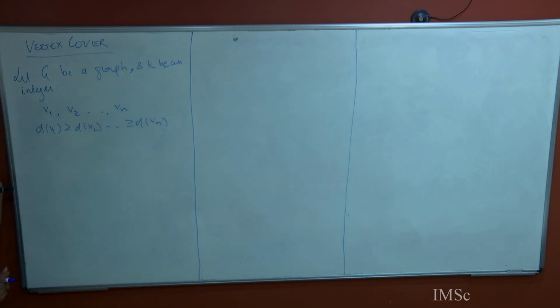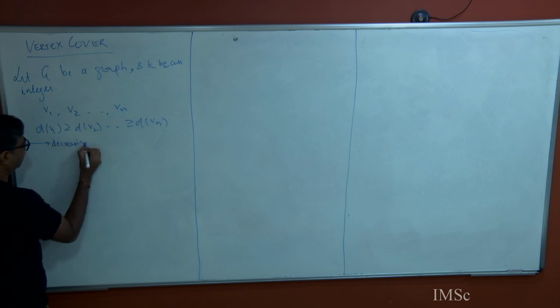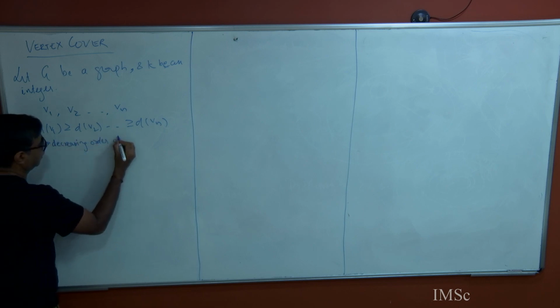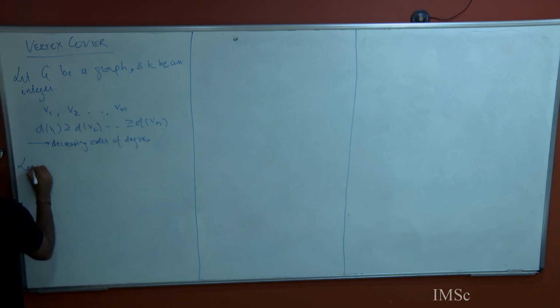So these vertices are in a sequence in decreasing order of degree. Then what did we show? We showed that this is the lemma.